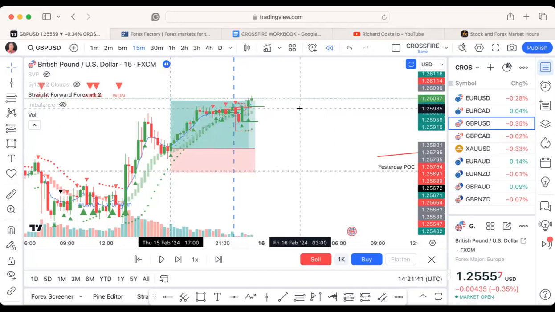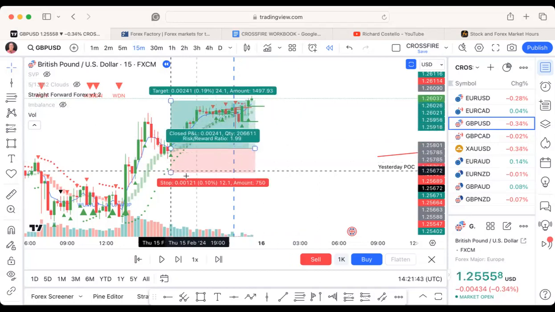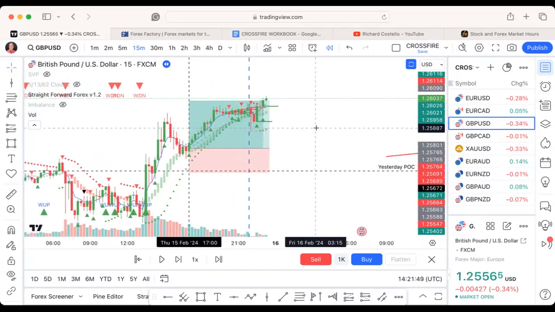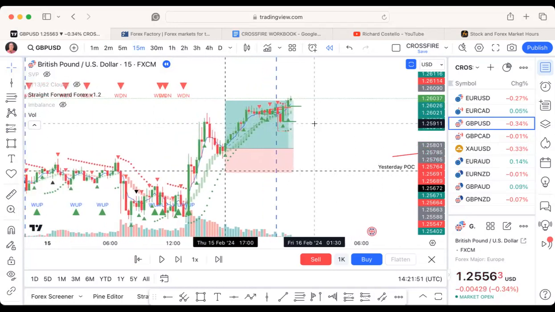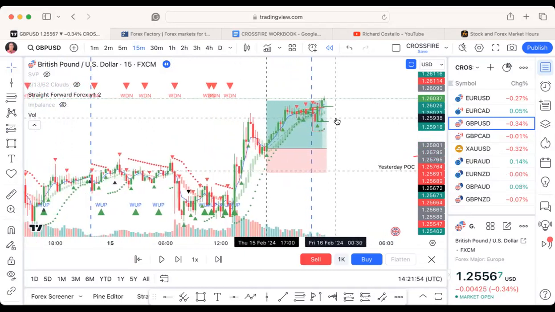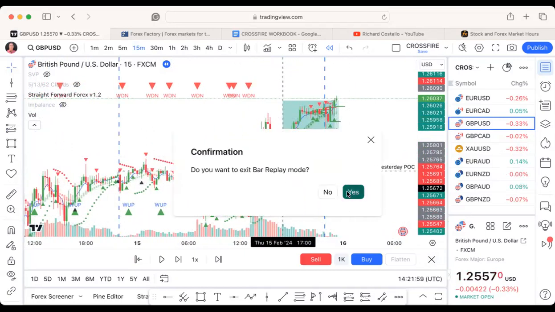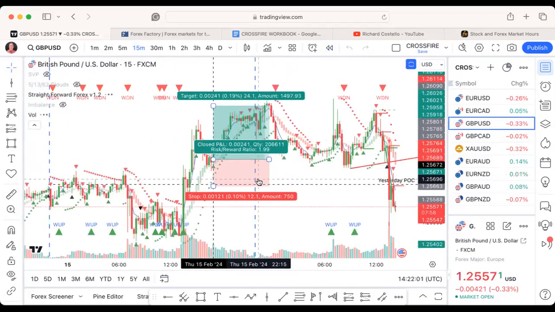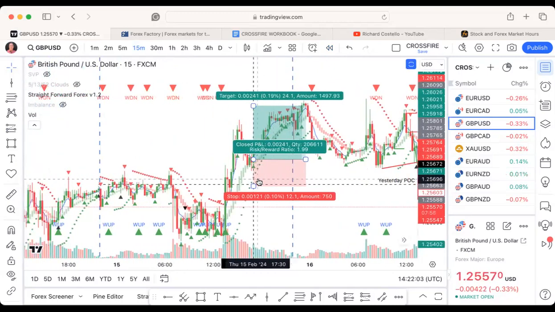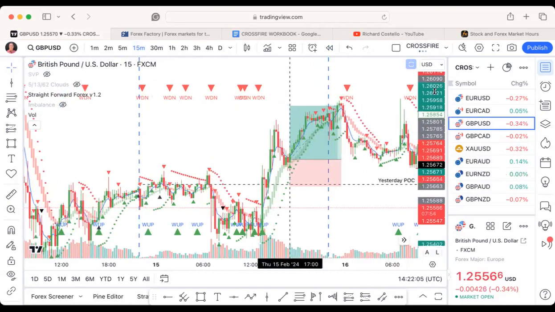So I would take a note of that, and I would say yes, I could have traded at 5 p.m. on GBP US dollar, but I would have to be in a trade for 7-8 hours, and I would go back again. I would stop that, and I would go back to the previous day, and I would see if there's any patterns emerging. Is there always a move at 5 o'clock?